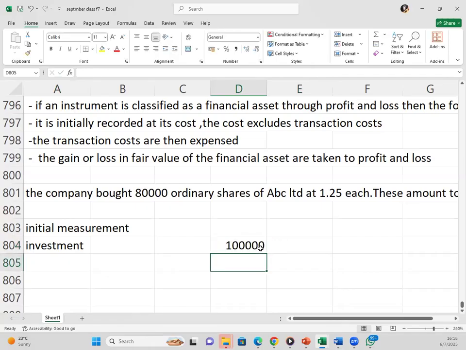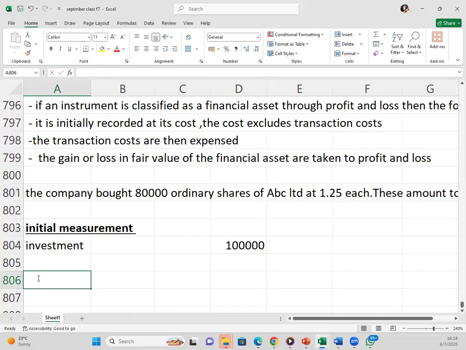It's not us issuing shares, it's us buying shares. So we have an investment of 100,000. We are told there were brokerage fees, but under this method, transaction costs are not included as part of the cost of the investment. So in your non-current assets, you initially recognize investments of 100,000.